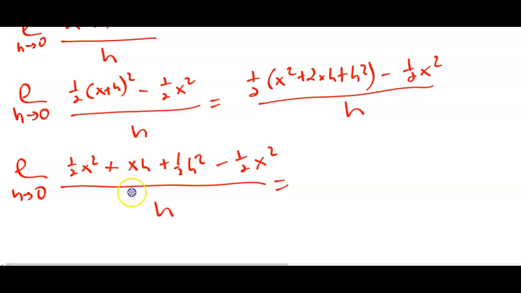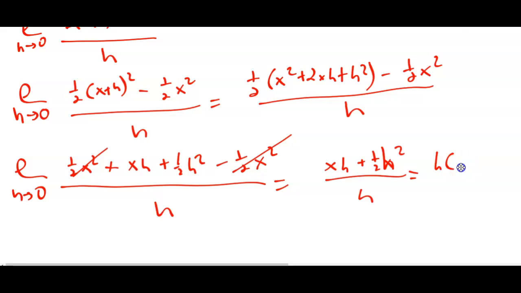And then if you look, 1/2 x squared will cancel with that, and so you have xh plus 1/2 h squared. Now you'll notice our h can cancel out.